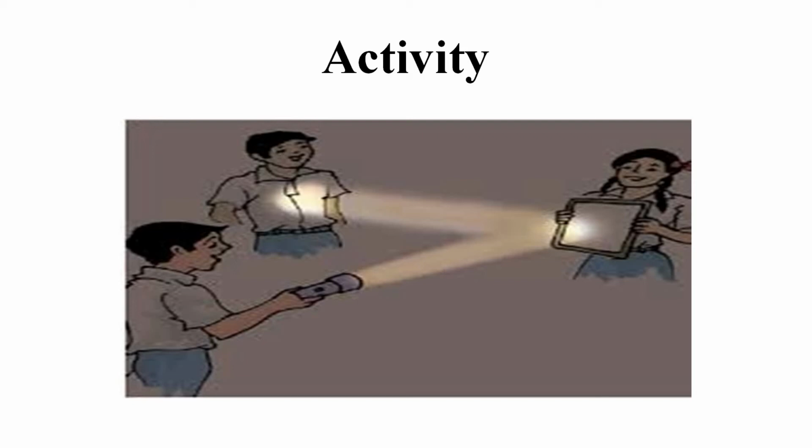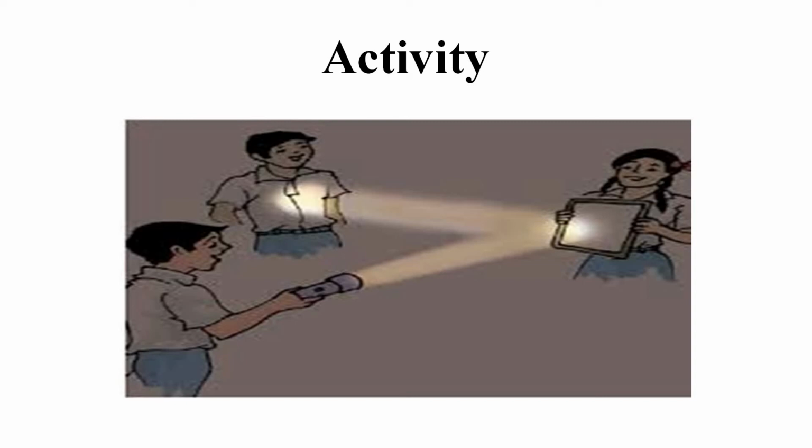Then we adjust our fingers with a small gap between them so that we can get a beam of light. Then we direct the beam of the torch light onto the mirror that our friend is holding. Then we see a patch of light on the other side.